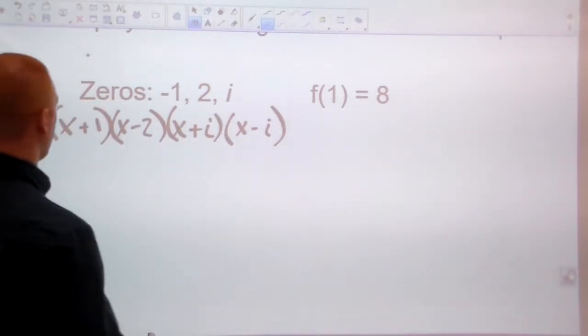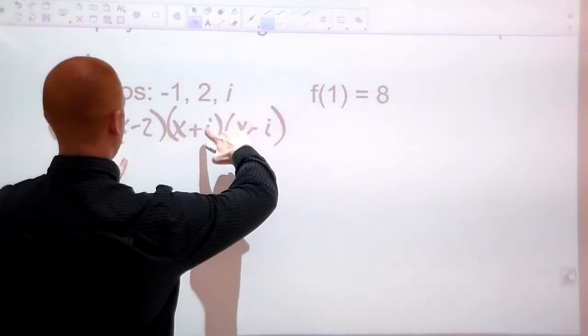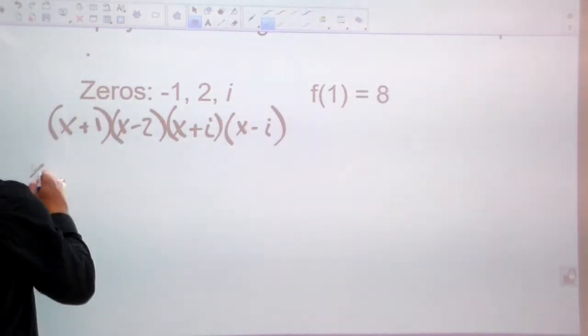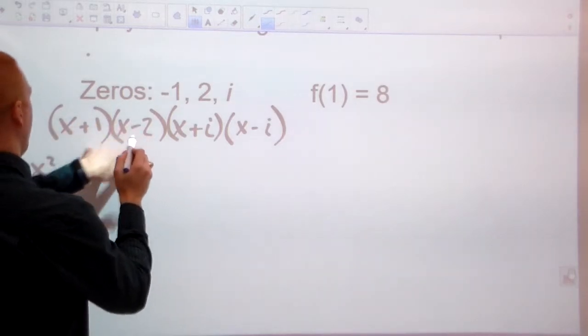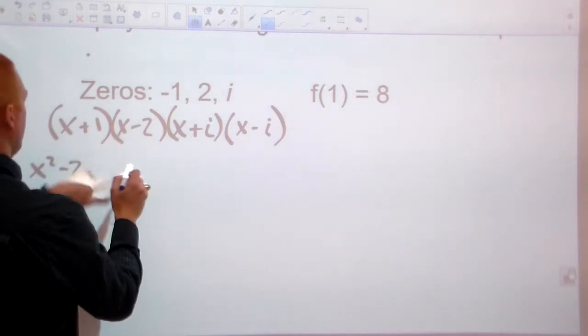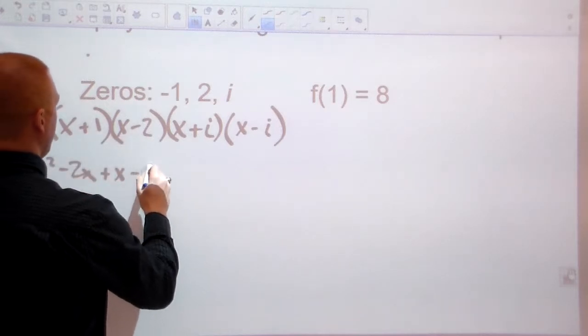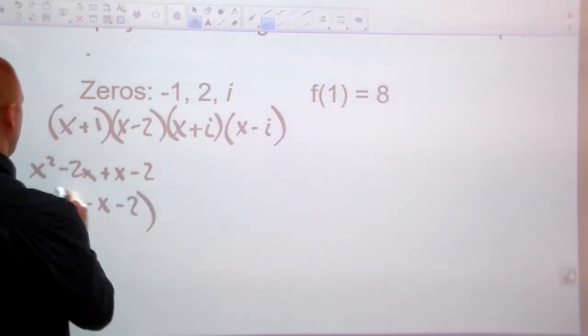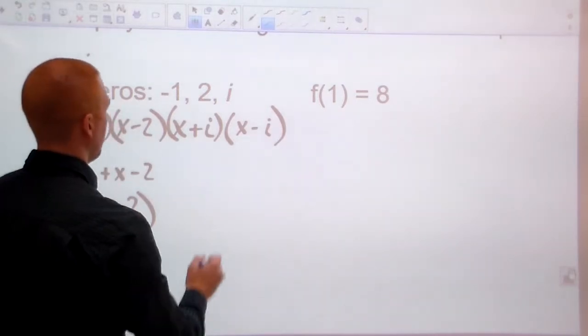So what I'm going to do is kind of tournament style, since I've got 4 of these, and we'll do these 2 together and these 2 together, and then the winner moves on. So x times x is x squared. Outside would be negative 2x. Inside would be x. Last would be negative 2. X squared minus x minus 2 is the combination of these 2 together.